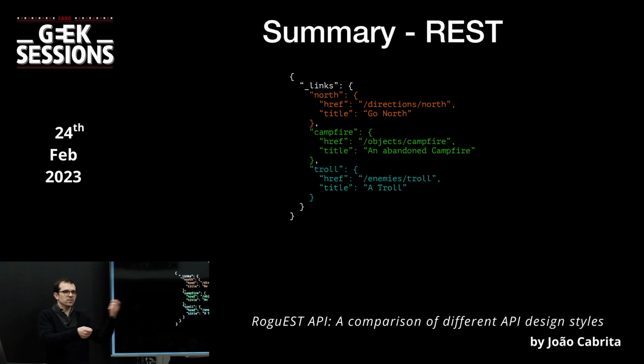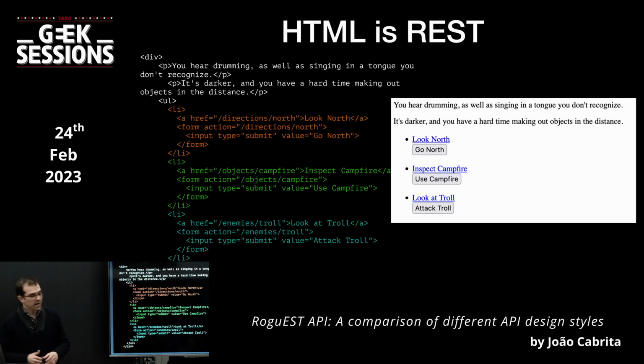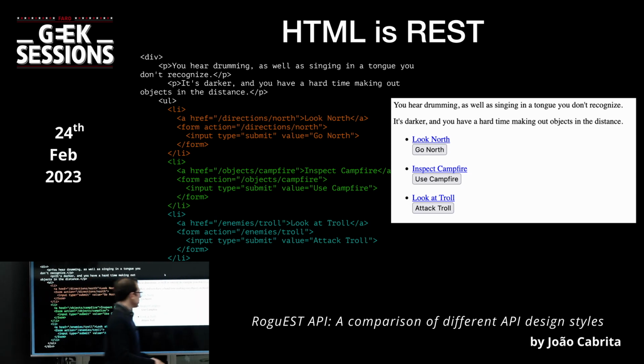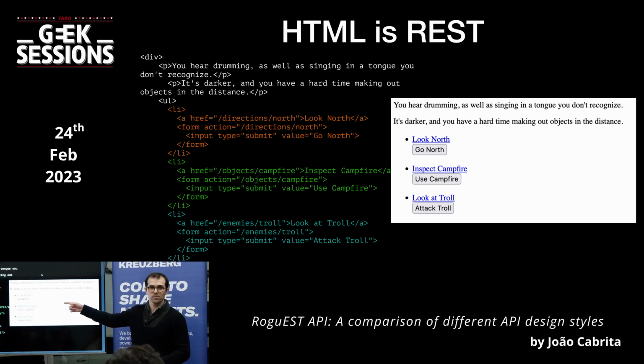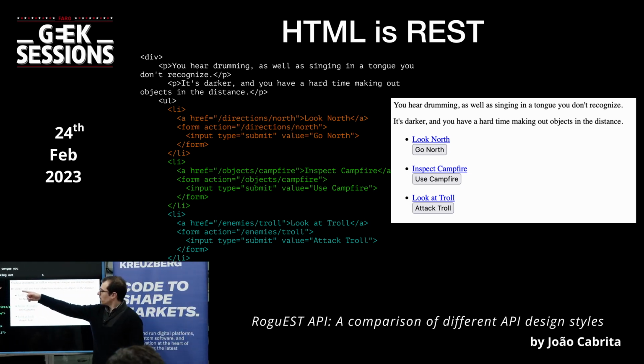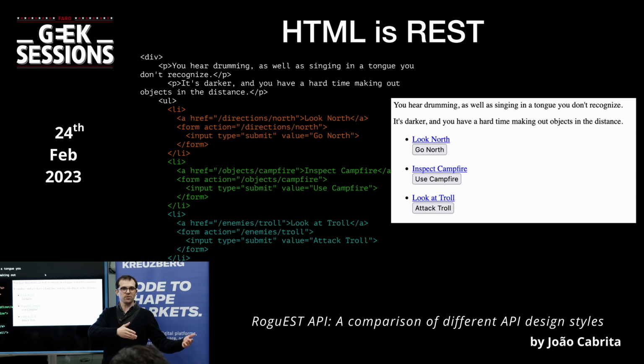I mean, you could add some bells and whistles, but you don't have to. That's the main point here. In fact, if you look at the JSON response and the way that we're interacting with it, you'll find that it's very similar to HTML. In HTML, to inspect stuff, I would add a link, and I just click it, and it gives me some text back.